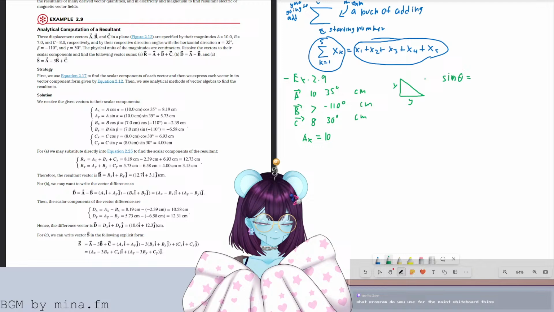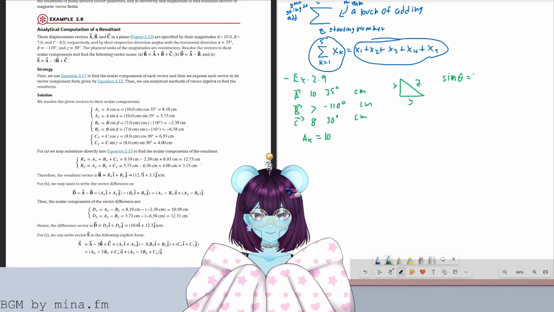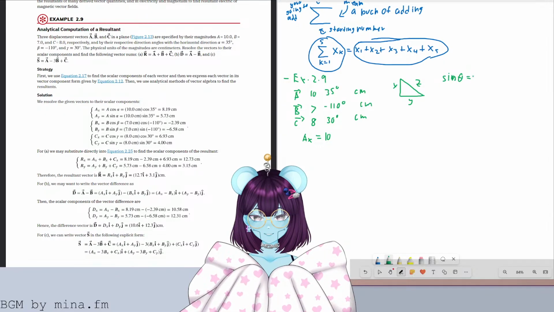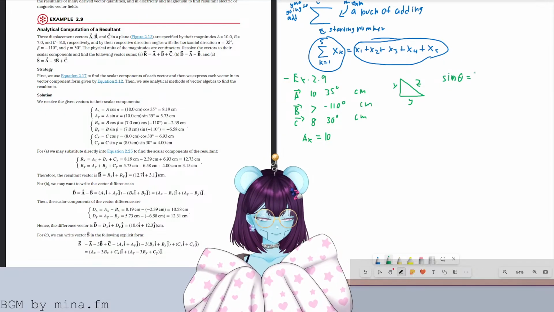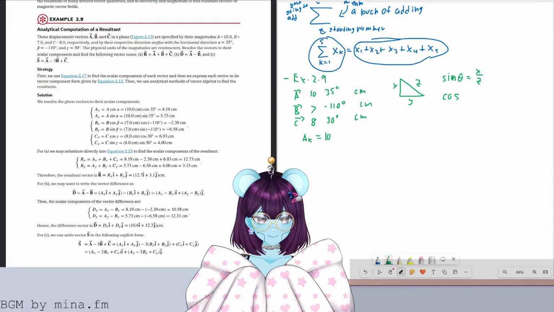So we have x, y, I'm just gonna call this z. X, y, z. I forgot it is opposite over hypotenuse, so the x over the z. And then we got cosine.